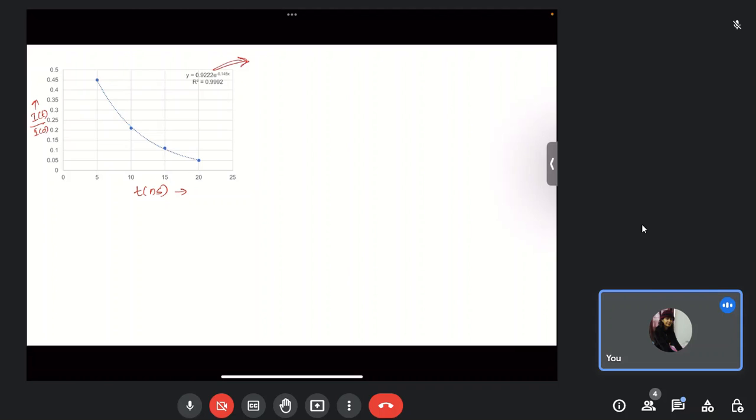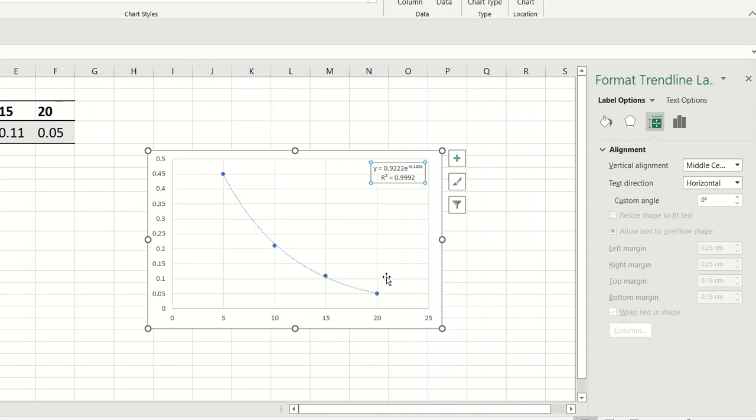When I fitted the data points to an exponential function, I got an equation like y is equal to 0.922 e raised to minus 0.145x. There is a problem with this fitting because you are supposed to fit it to y is equal to e raised to minus some number times x. Let me quickly fix that and let you know what is right.